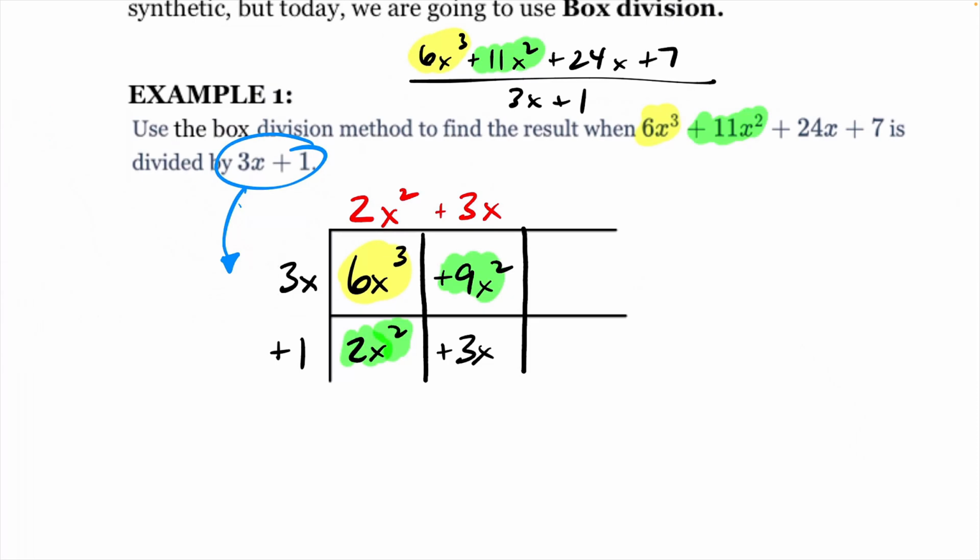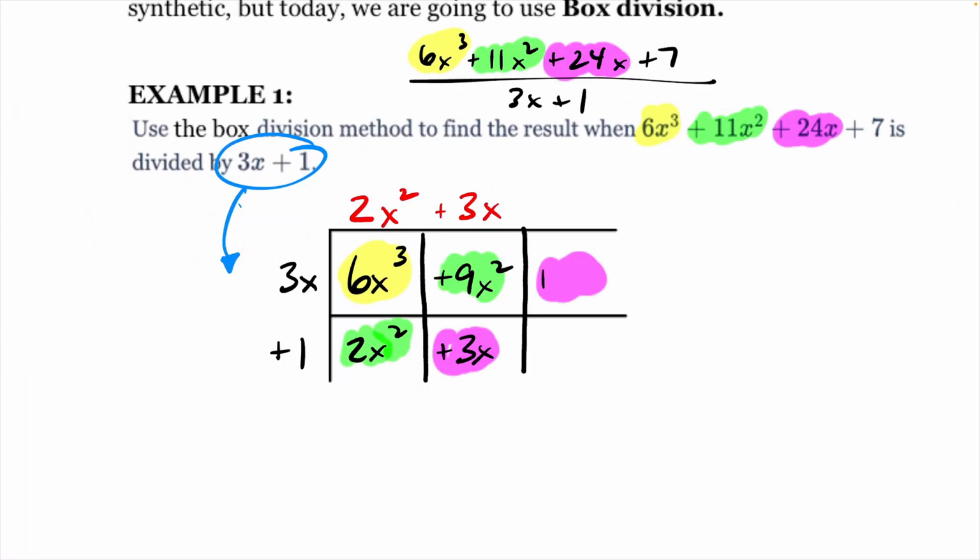Okay, so now the next color, this guy plus this guy needs to make this guy, 24x. So what number, 3x plus what makes 24? 21, right?